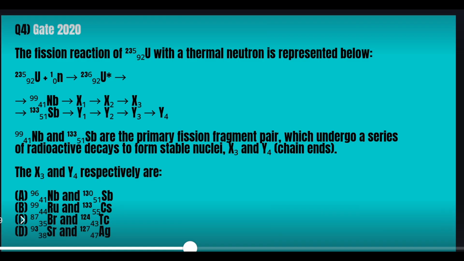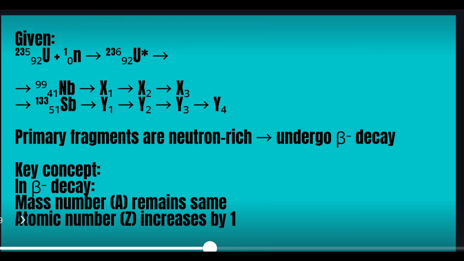Now let's see the solution step by step. See, here is the given reaction. In this, primary fragments are neutron rich and undergo beta minus decay. Here is the key concept: in beta minus decay, mass number A remains the same and atomic number Z increases by 1.